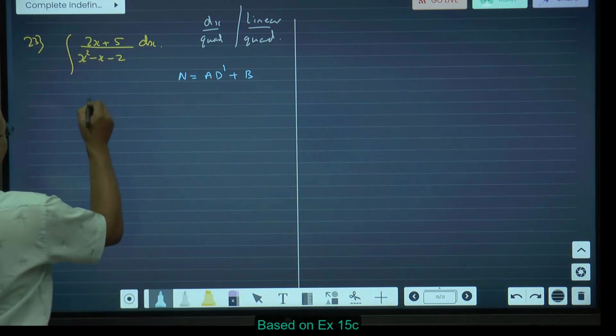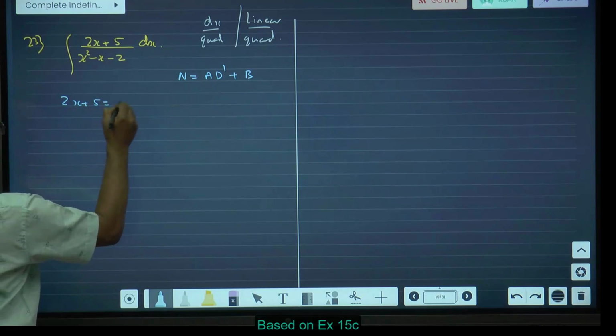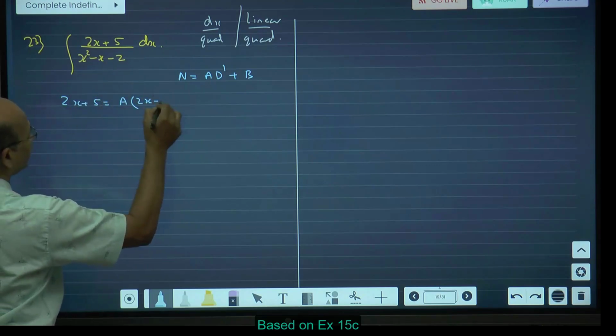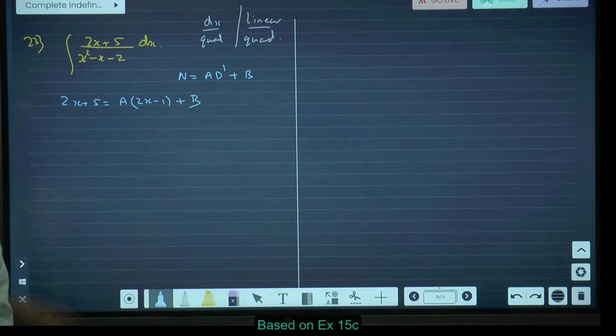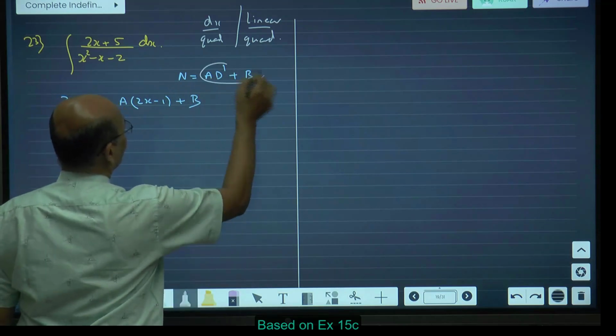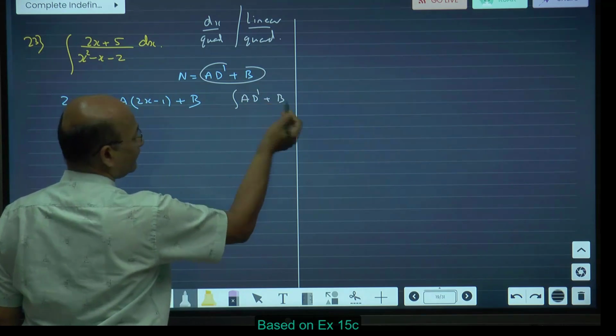So numerator is equal to a into derivative of denominator, plus b. Why I am doing this I will tell you. See, numerator you wrote like this, right? Numerator is a into derivative of denominator plus b. A and b are numbers.